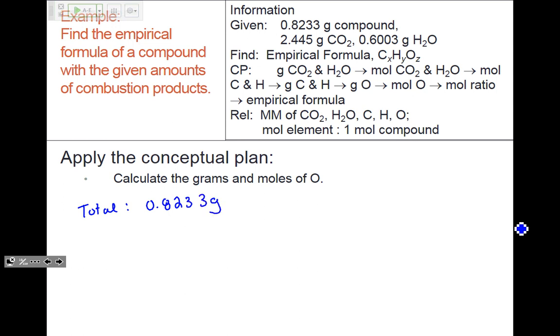And we also know that our grams of carbon plus our grams of hydrogen plus our grams of oxygen equals our total mass, which is what we were given. We know that because we were told we only have carbon, hydrogen, and oxygen in our molecule. That's also important. So we know grams hydrogen, we know grams carbon, we can calculate grams oxygen.